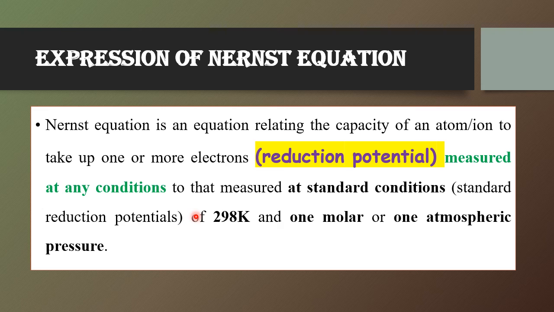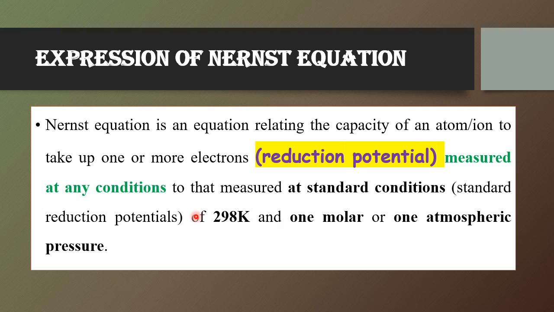Expression of Nernst equation. Now let's learn what the Nernst equation basically is and why it is used. The Nernst equation shows the relationship for the capacity of an atom or ion to take up electrons, meaning it is used to measure its reduction potential, and that can be measured at any condition.